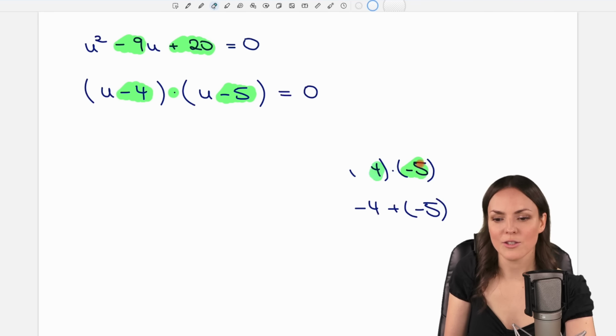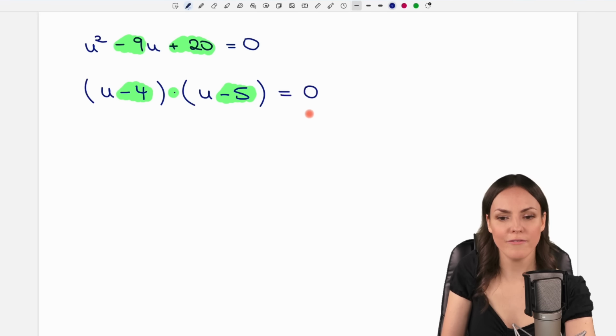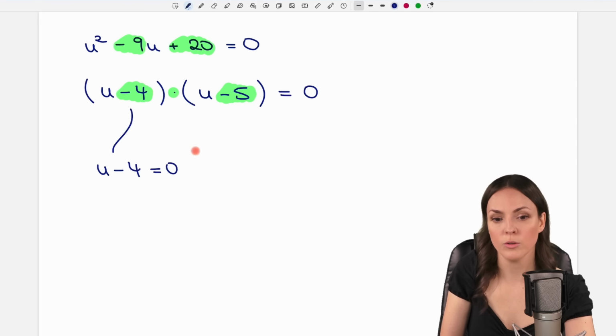And now I can solve this equation pretty fast because I have a product equals 0. This means that this is only possible if either my first thing here in my parentheses equals 0, so either u minus 4 equals 0, or as a second equation, my second parentheses equals 0, so u minus 5 equals 0.